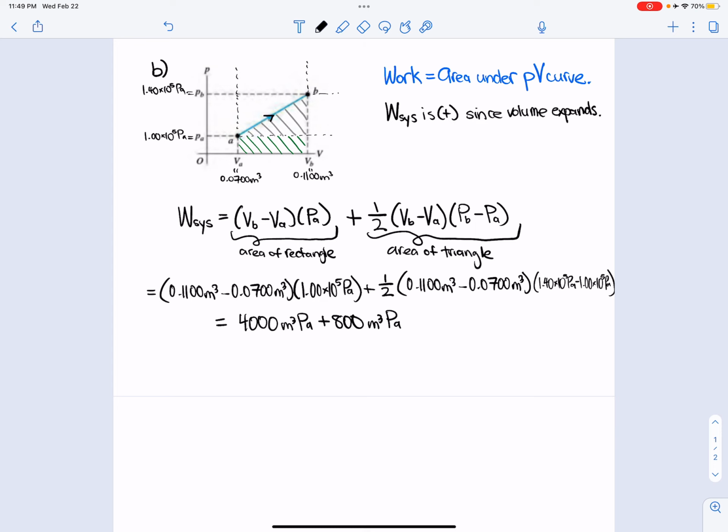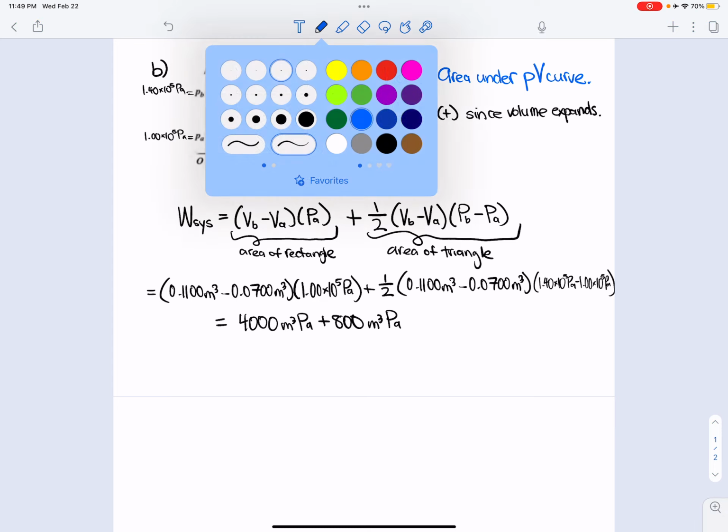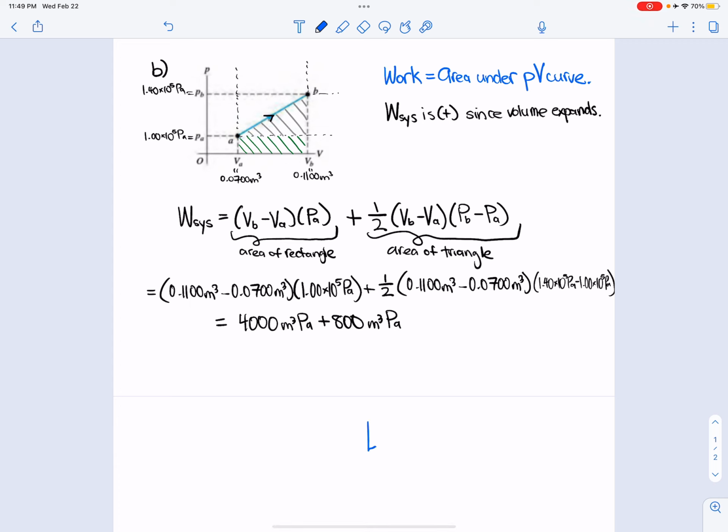And that is because, recall that the unit Pascal is equal to kilogram over meter times second squared, while the unit for joules is equal to kilogram meter squared over second squared, right?